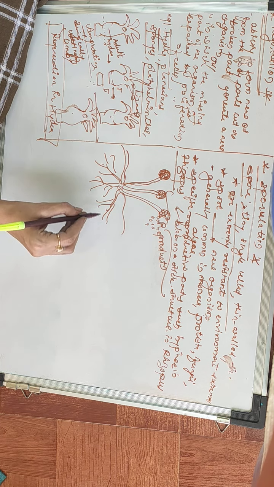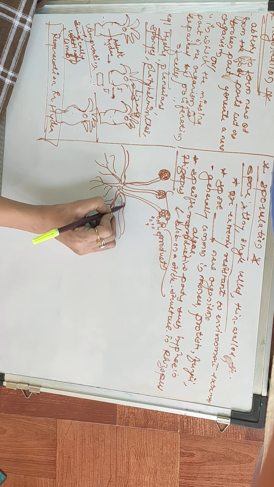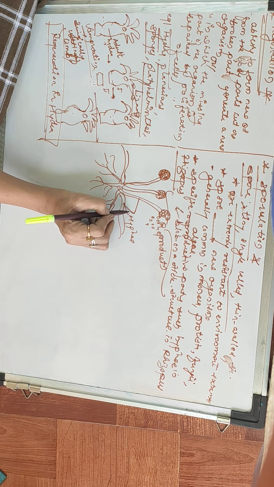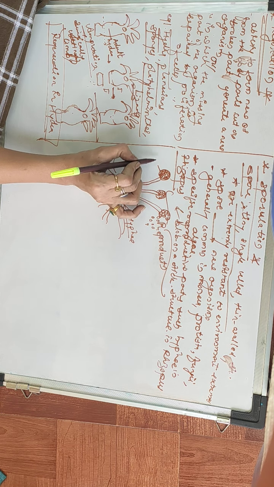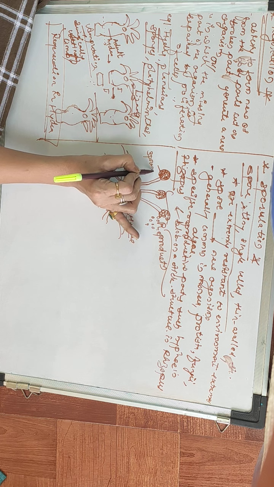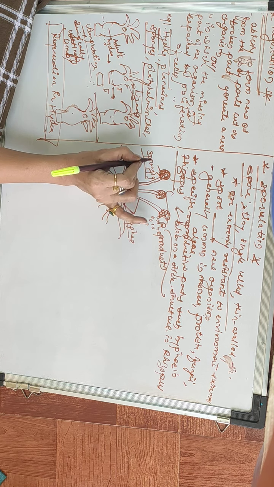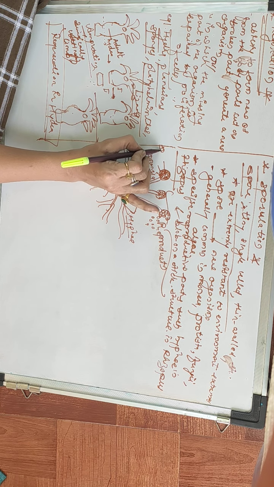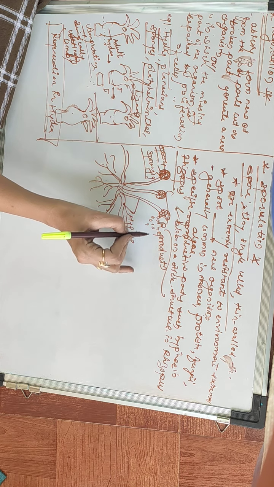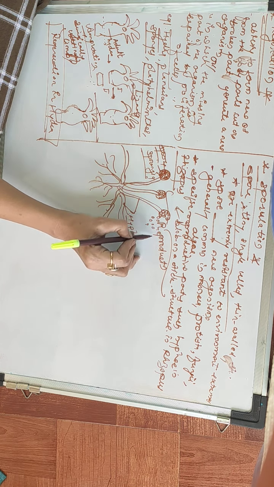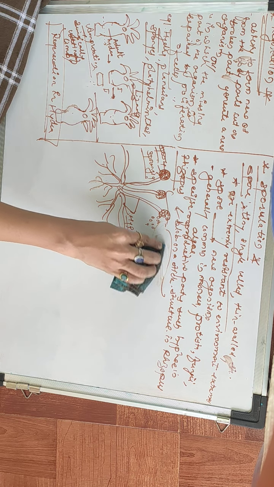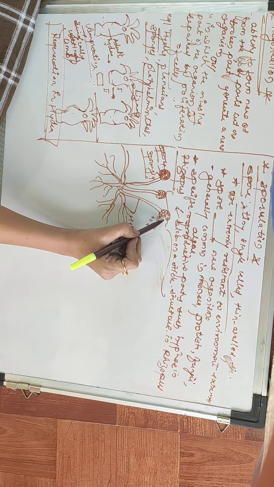Okay, so you can see this structure, that's called hyphae. This and this structure is known as hyphae, and this structure is known as sporangia. Inside the sporangium you can see small ball-shaped structures that are called spores. Here you can see the spores burst.